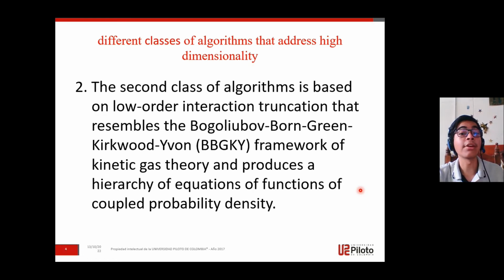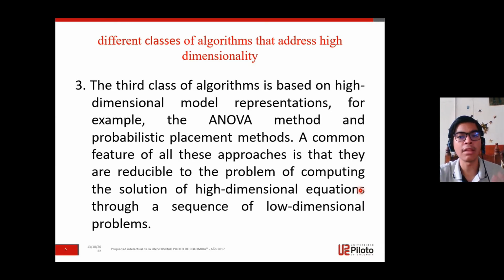The second class of algorithm is based on low-order interaction truncation that resembles the BBGKY framework of kinetic gas theory and produces a hierarchy of equations of coupled probability density functions. And the third class of algorithm is based on high-dimensional model representation, for example, the ANOVA method and probabilistic collocation methods.